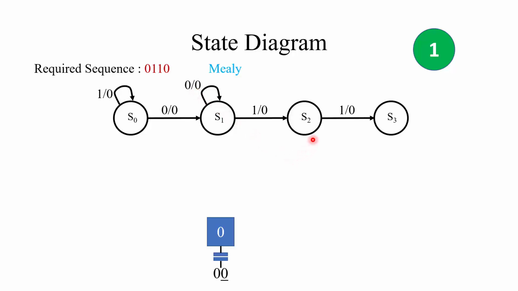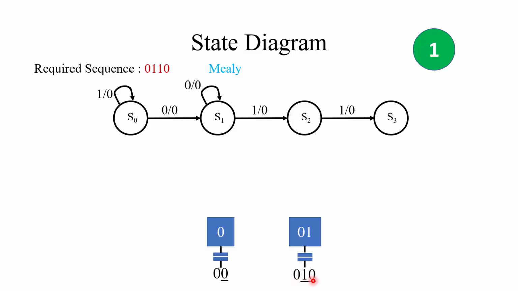For any intermediate state such as S2, we can follow the same process again. S2 is the state that represents 01. So we again complete our string for the other input, which is x equal to 0.